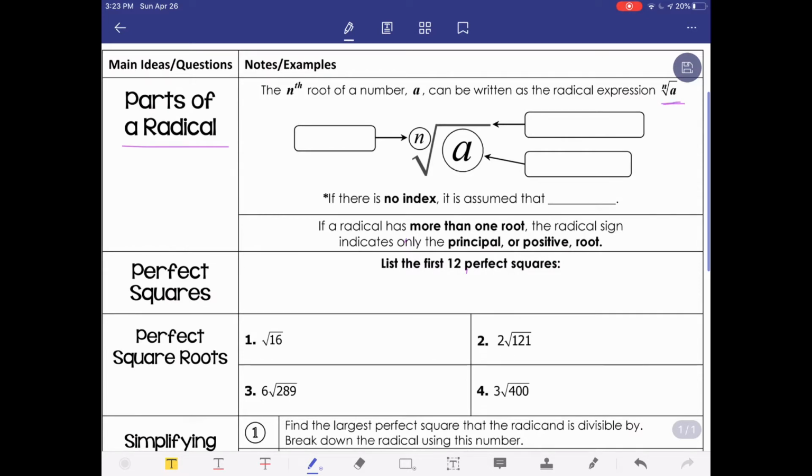When we look at this, our n is going to be called the index. Inside of our radical is going to be called the radicand. And then this is called our radical.